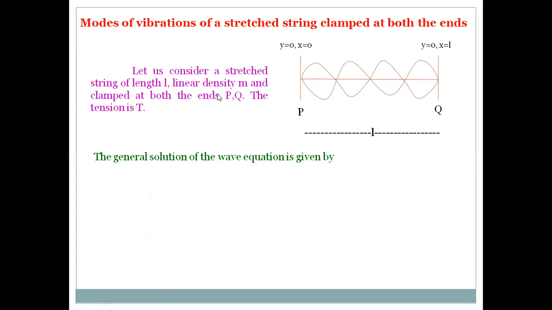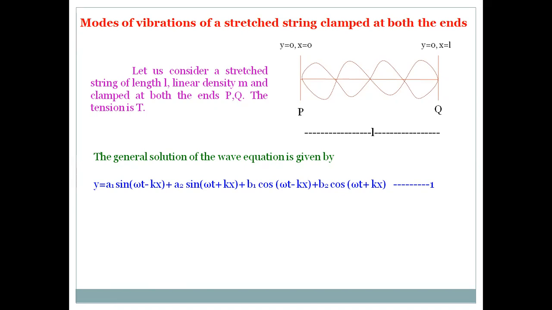So we know the general solution of the wave equation is y is equal to a1 sin(omega t minus kx) plus a2 sin(omega t plus kx) plus b1 cos(omega t minus kx) plus b2 cos(omega t plus kx). It is taken as equation 1, where a1, a2, b1 and b2 are amplitudes, omega is angular frequency, k is wave number.